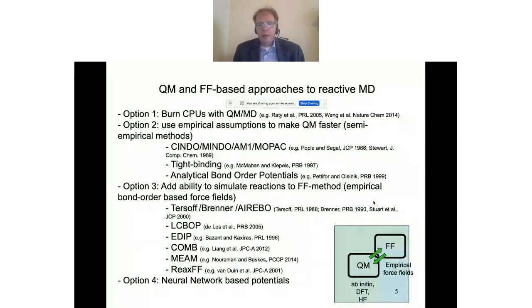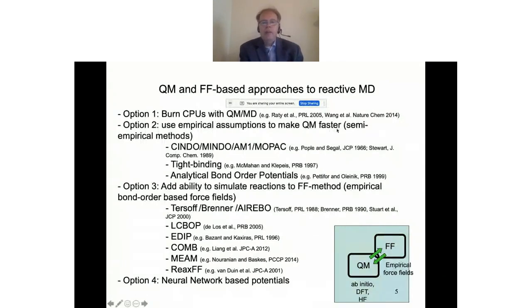If you want to do reactive molecular dynamics, then you have a couple of options. You can clearly stay within quantum mechanics. You do ab initio-based molecular dynamics, and that is becoming a more and more popular choice now, with the computational facilities that we have available and also the improvement in the quantum methods as far as their speed is concerned.